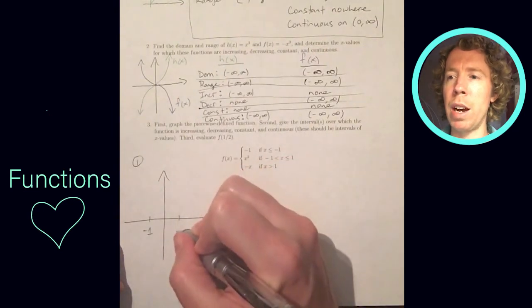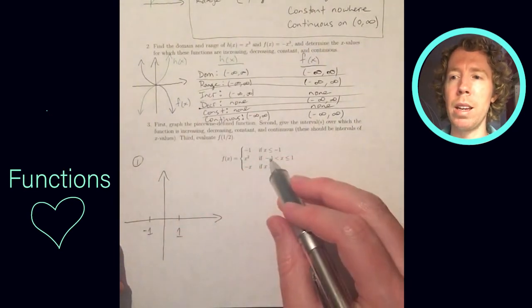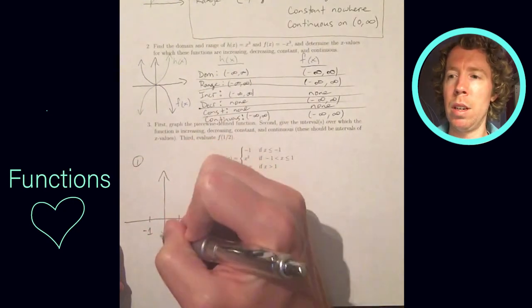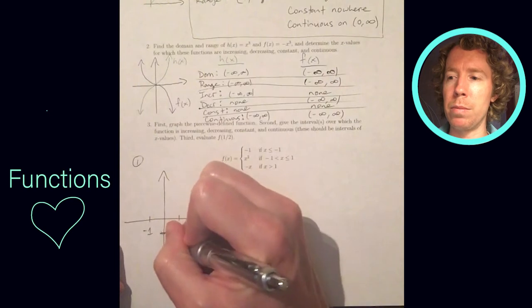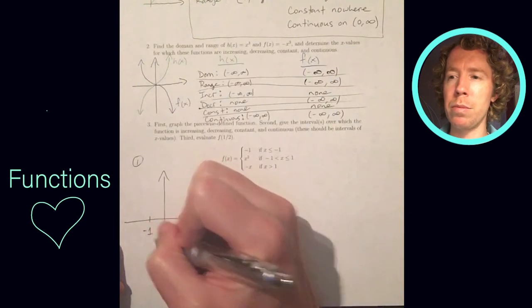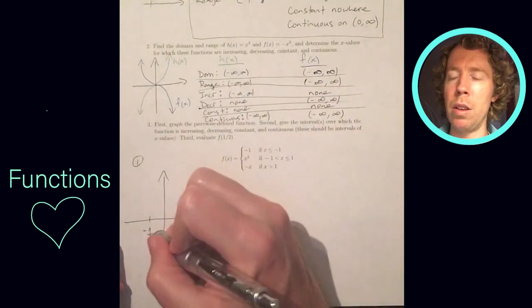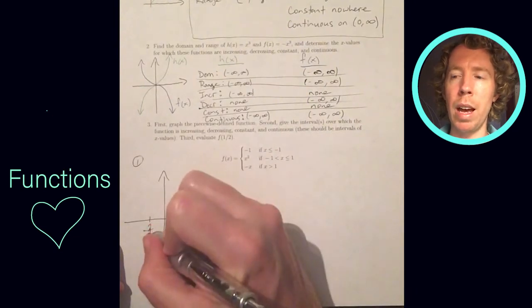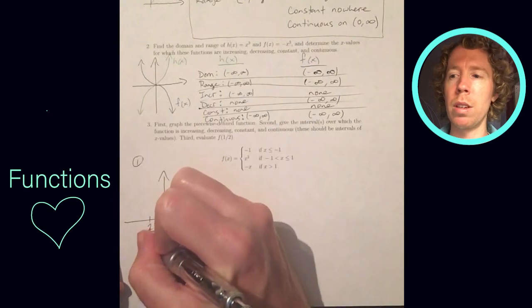Our major x values where we're breaking up the domain are at x equals -1 and x equals +1. So I'm marking those 2 points on the graph. And then the first rule is the y value is -1 if x is less or equal to -1.